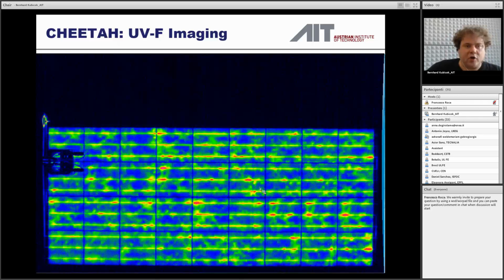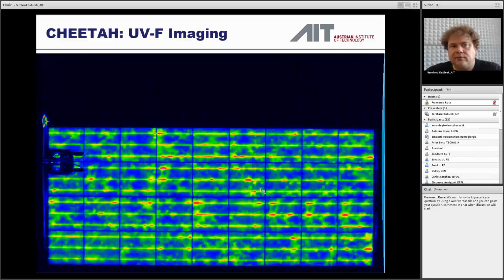Here we have a lock-in thermography image, which basically images the heat source distribution. So thermography where you turn the current on and off and look at the amplitude of the variation of the temperature. There you see extremely well which parts of the cells are heated by electric current, so you can see solder defects quite well.